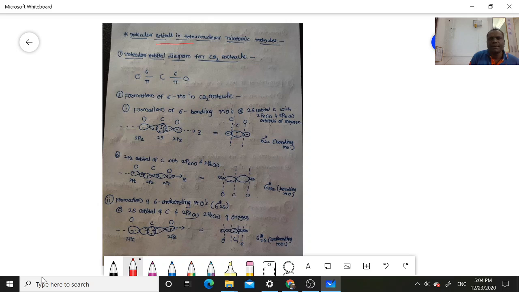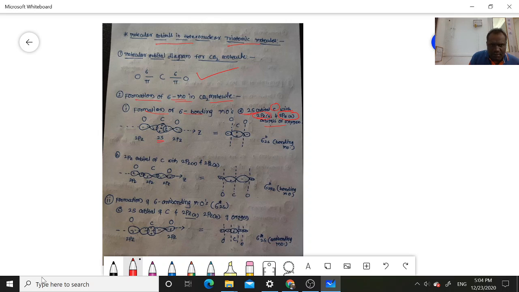heteronuclear triatomic molecules. This thing I already explained. Formation of sigma molecular orbital in the CO2 molecule. The 2s orbital of the carbon atom with the 2pz orbital of one oxygen atom and the 2pz orbital of the other oxygen atom combine together to form the sigma 2s bonding molecular orbital.